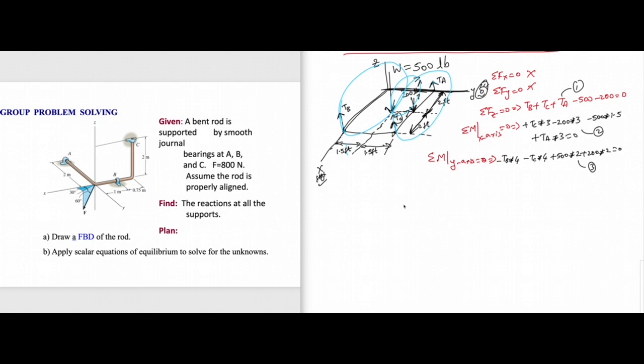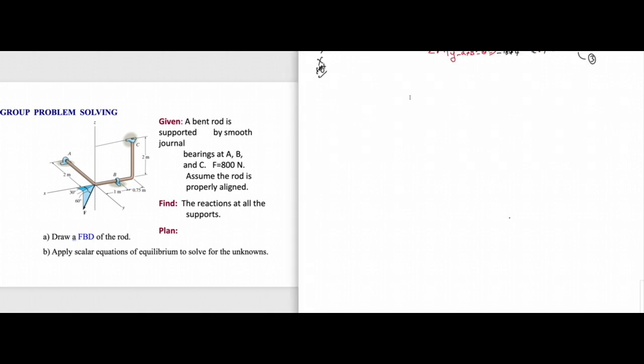Now, if you look at this problem, the first thing is you should develop your ability to draw free body diagrams. So you have to draw the free body diagrams. That means there is this bent rod. So you have a rod.